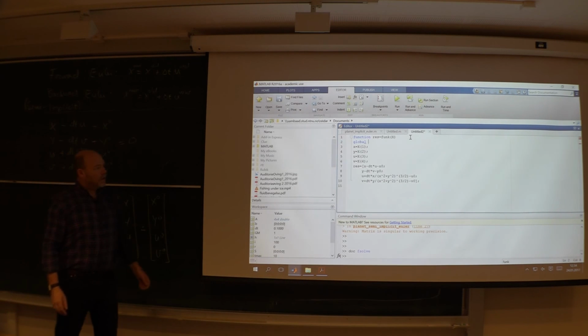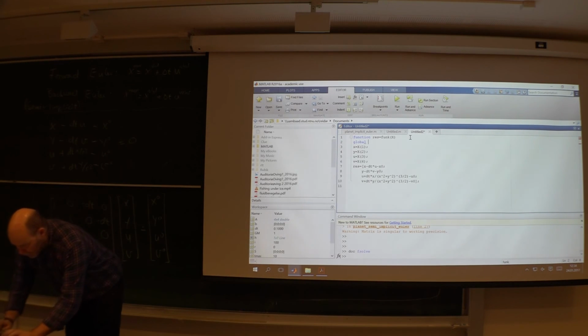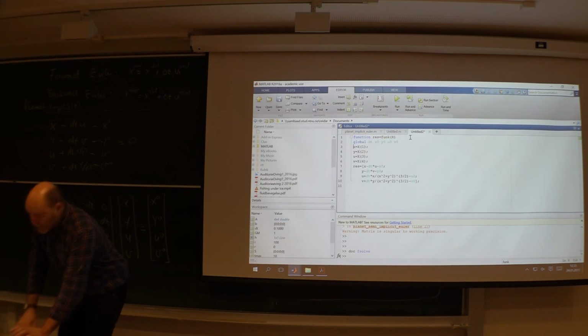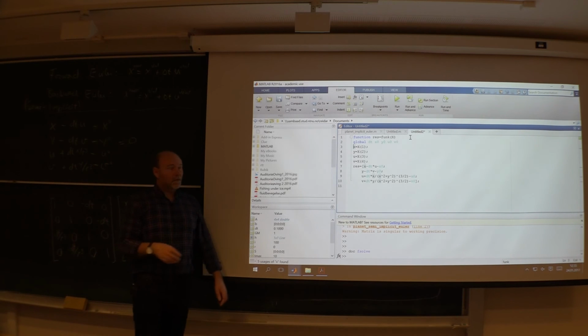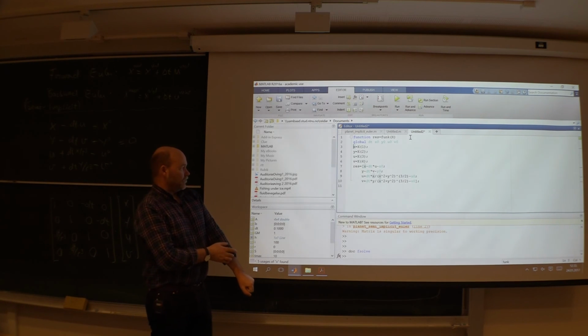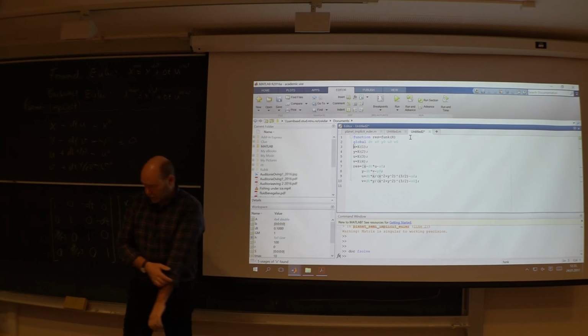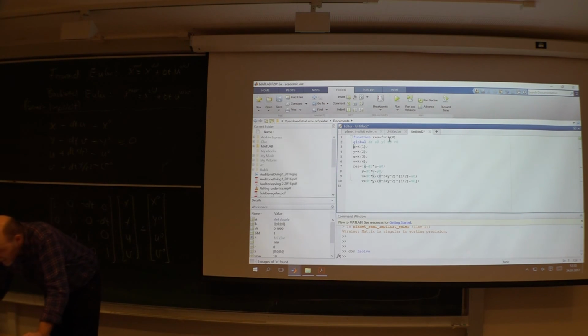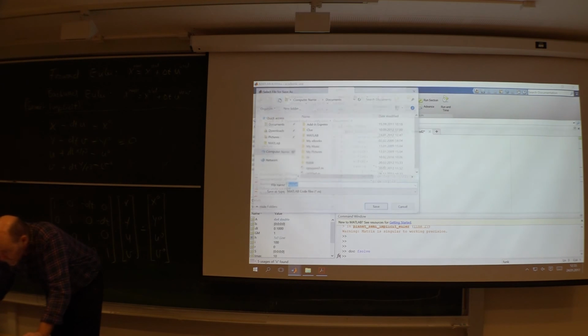Global gives him access to the main script memory. I want to have dt, x0, y0, and so on. Then I take a copy of the global sentence. You need the exact same sentence also in the main script. So that should be okay. Save this one. He suggests the name Funk, that is okay.